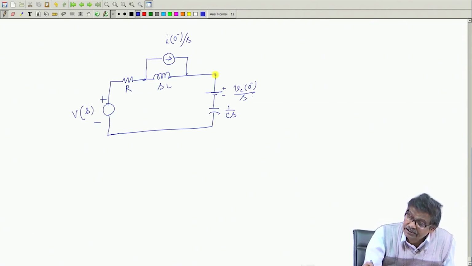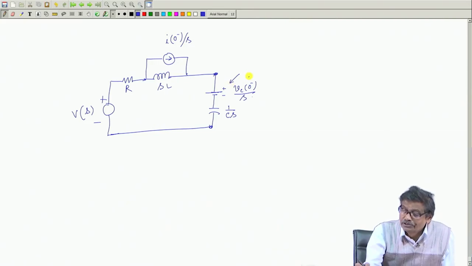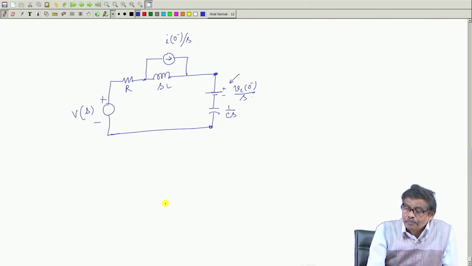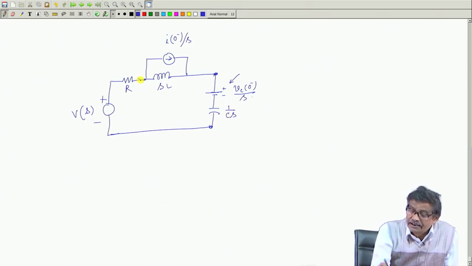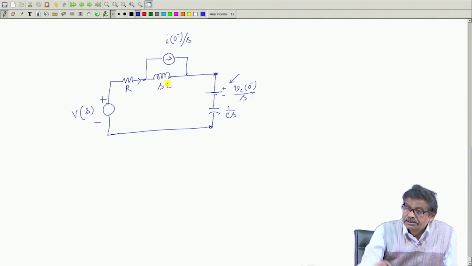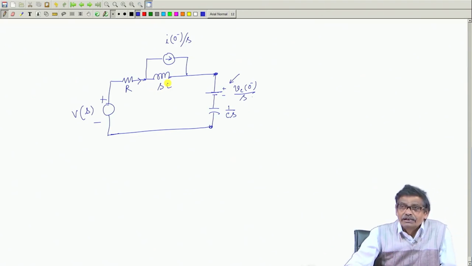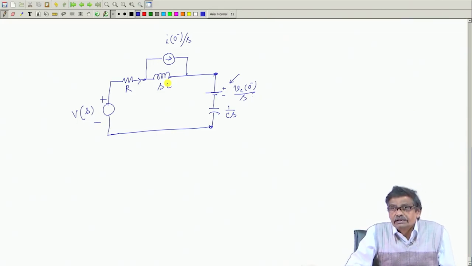Mind you, these are the 2 terminals of the capacitor. This is our thought process which brought in this initial voltage in series with this uncharged capacitor. Similarly, this is the current flowing through the actual inductor in this circuit. In this circuit, there is no current source connected. Anyway, we will continue with this in the next class.